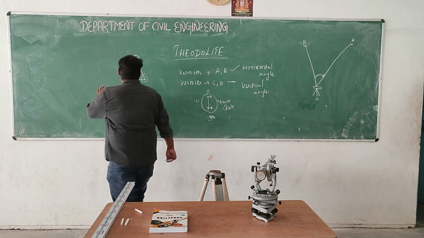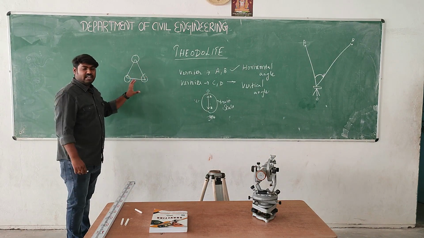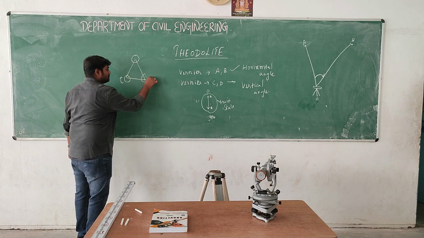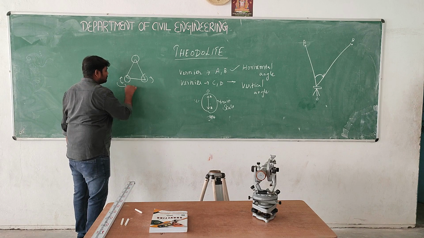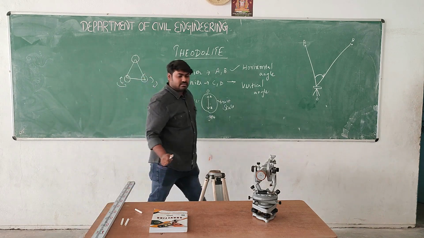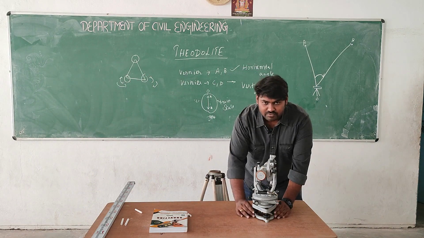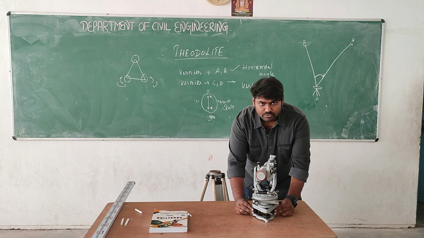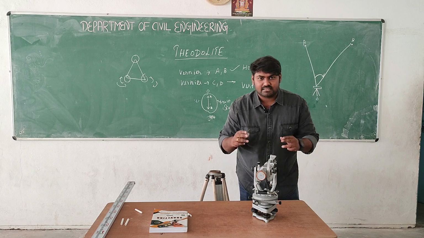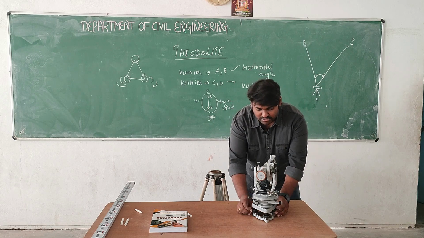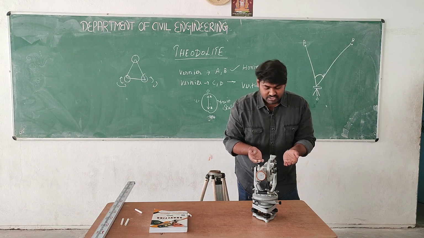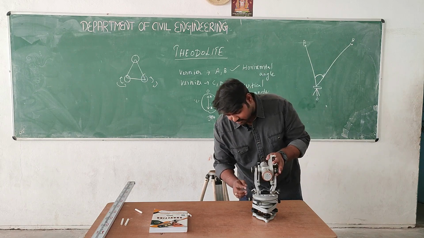We have to adjust the foot screws, whether clockwise or anti-clockwise. For example, once we fix this theodolite, we have to use 2 foot screws, clockwise or anti-clockwise, so that the plane of the theodolite becomes stable.